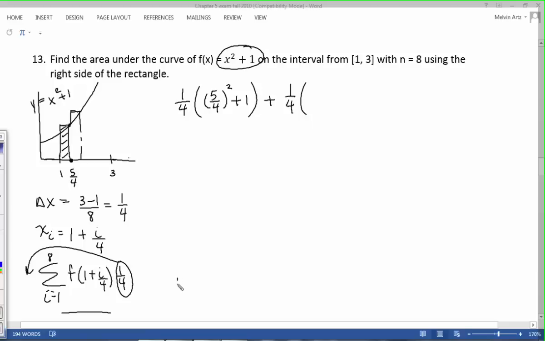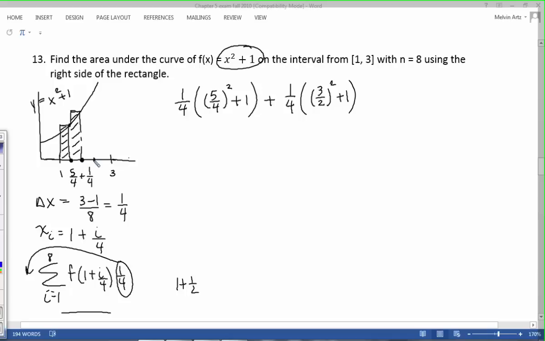And we know that 1 plus 1/2 is just 3/2. So we would have 3/2 squared plus 1. And that would give us the area of this second rectangle. And you can see, if we added our 1/4 to get this value of x here, we have 6/4, which is 3/2. So you can see how the Riemann sum finds these values for us if we set this up correctly.